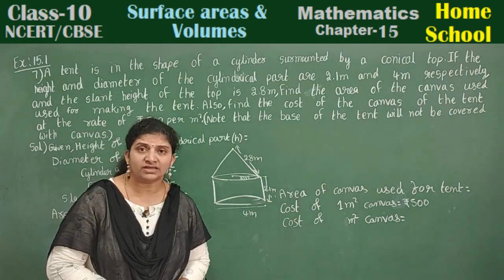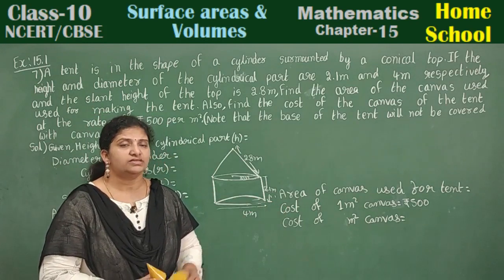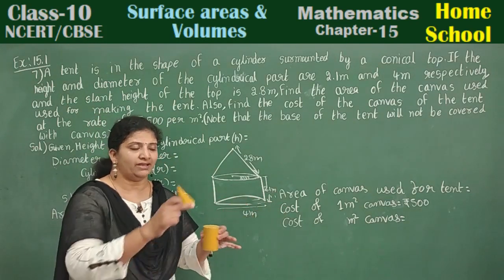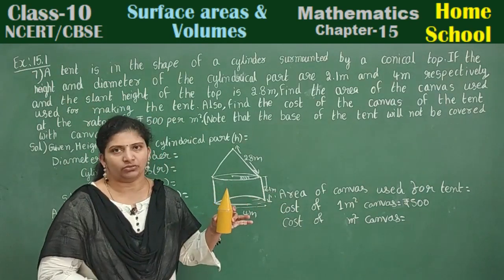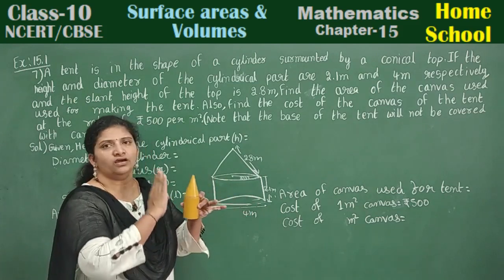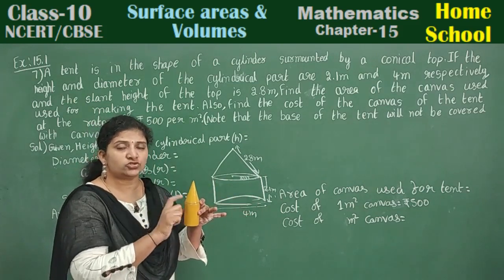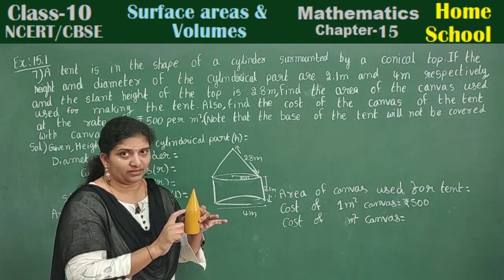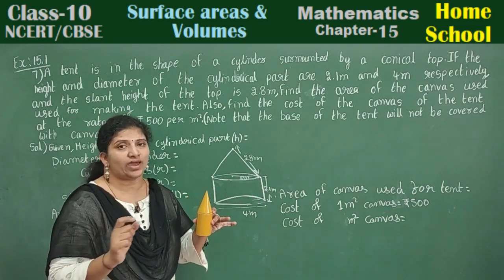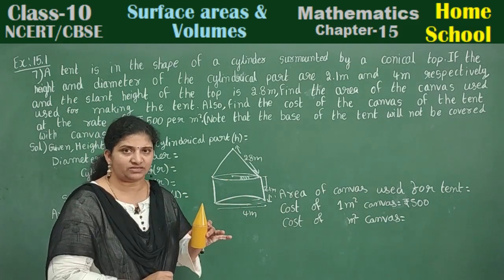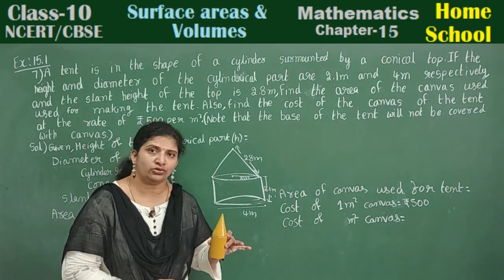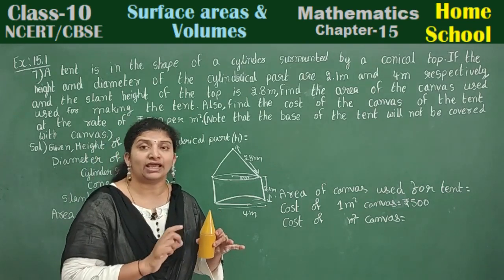They have given us the model of the tent. How it will be? Cylindrical part at the bottom and top a conical part is surmounted. Find the area of the canvas used to stitch this tent. And each meter square cost is 500 rupees. First thing what we need to do? We need to calculate the total area of the tent.